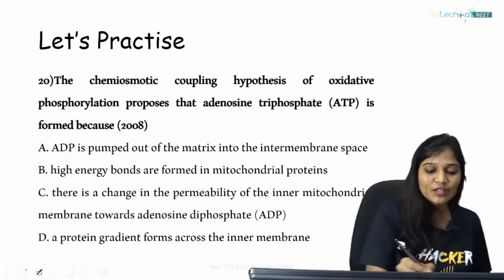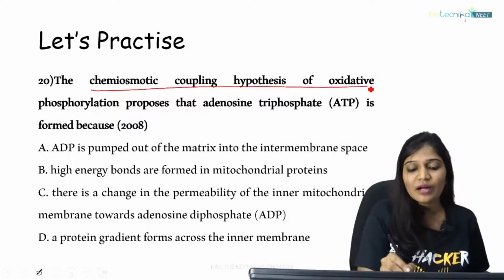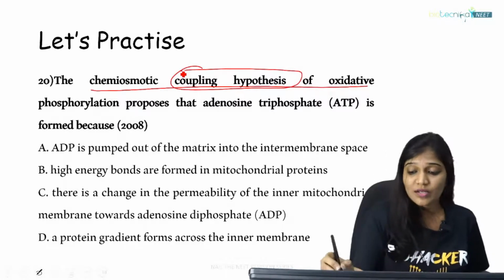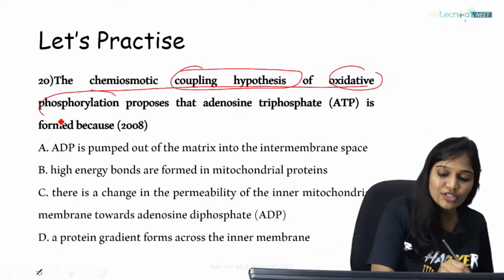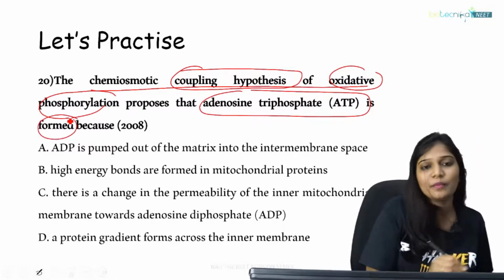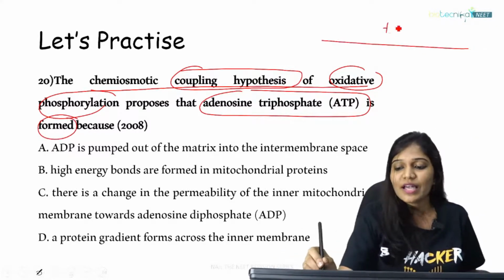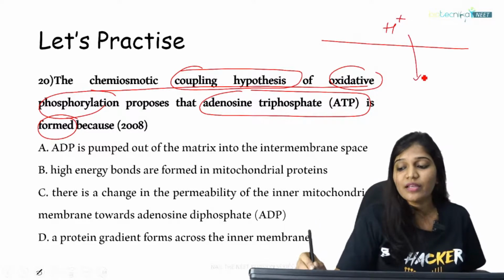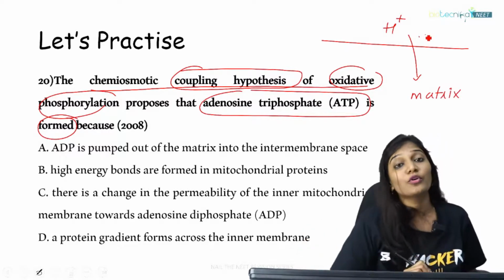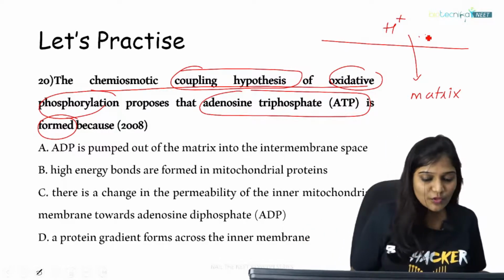Okay. The last question, chemiosmotic coupling hypothesis, which you have studied in photosynthesis. Oxidative phosphorylation proposes ATP is formed why? I told you the protons are actually in the intermembrane space and then they come to the matrix again, which means we are creating what? Proton gradient. So what is the answer for this question? Anybody answer?